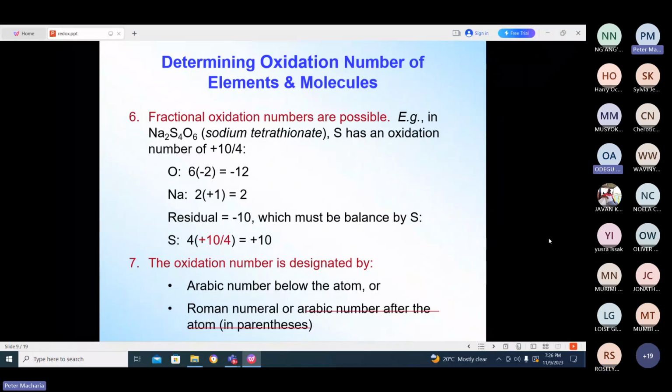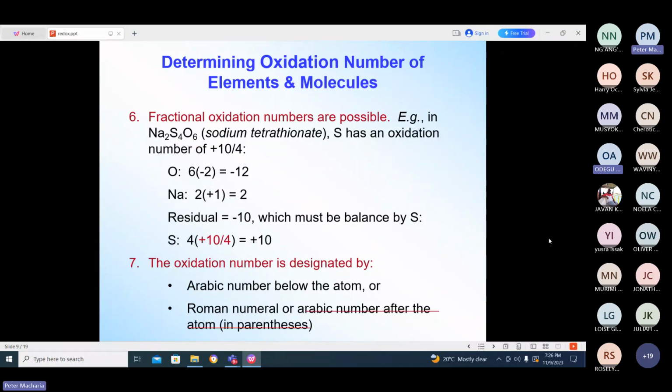Now, the oxidation state we don't know is that of sulfur, because for sodium, we know that it has to be plus 1, and oxygen, we have already said it has to be negative 2. But the sum, because it is a neutral molecule, should be equal to 0.